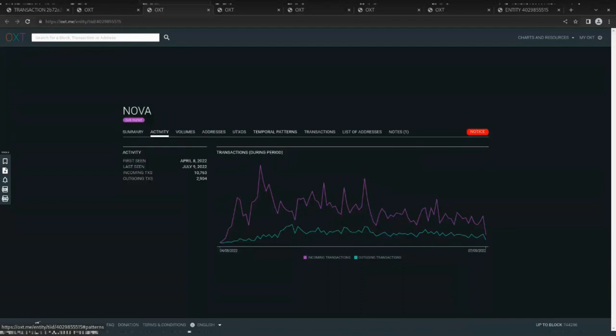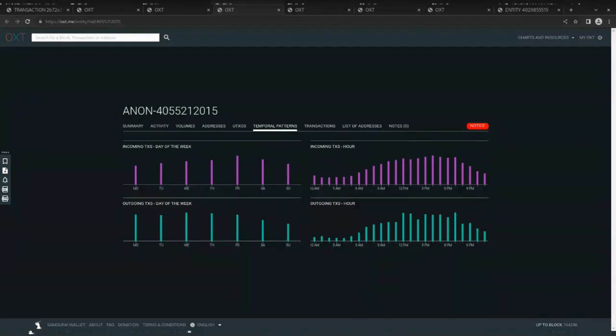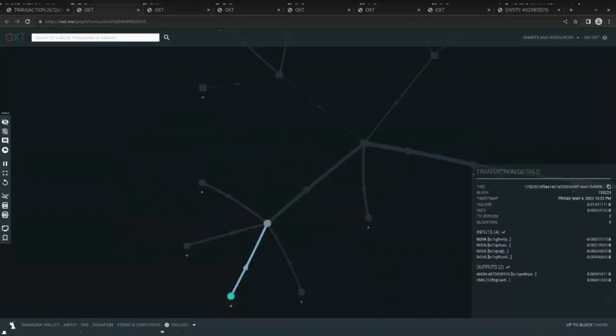And we'll just quickly look at the temporal pattern again. Shows mostly peak activity again about 9 a.m. to 9 p.m. UTC, which is very similar to this cluster. This may not be a darknet market, but it's probably another Russian entity, or Russian-related entity at the very least.